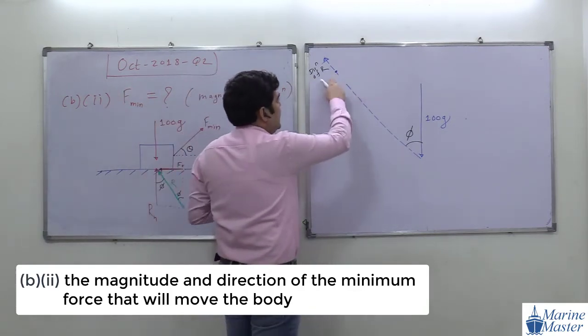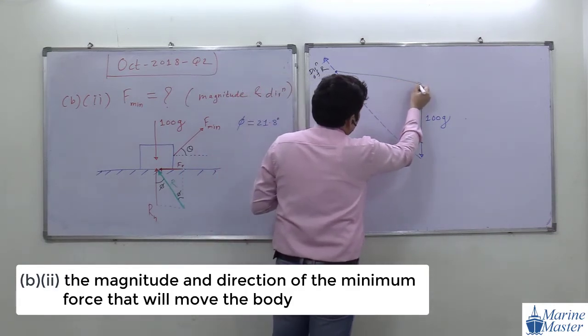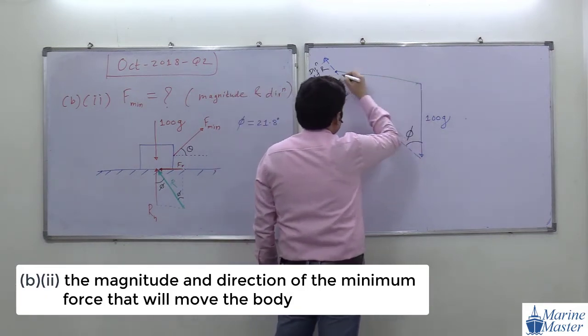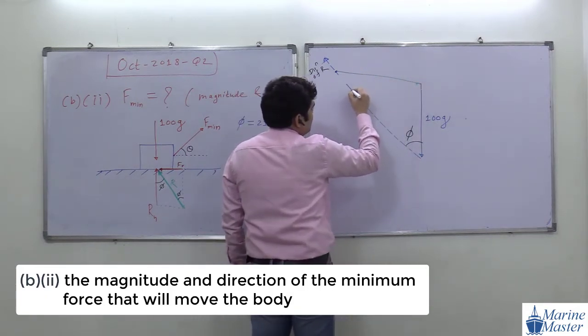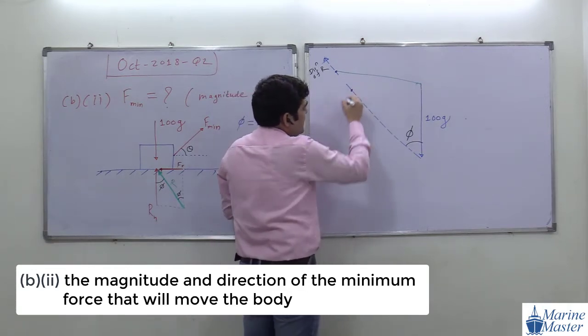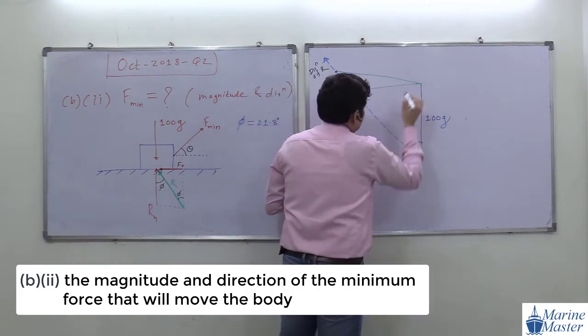Suppose R can end anywhere. I can draw F like this. This is one F. F will start here and end here. Suppose R ends here, what will happen? F will be here.